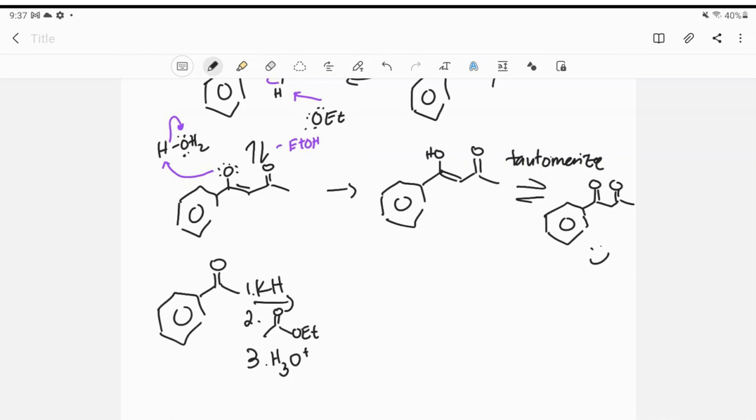Alrighty. So in this case, we made a diketone. So we can do all sorts of stuff. We could have our nucleophile as an ester too. Doesn't matter. Only the electrophile has to be an ester for a Claisen reaction.